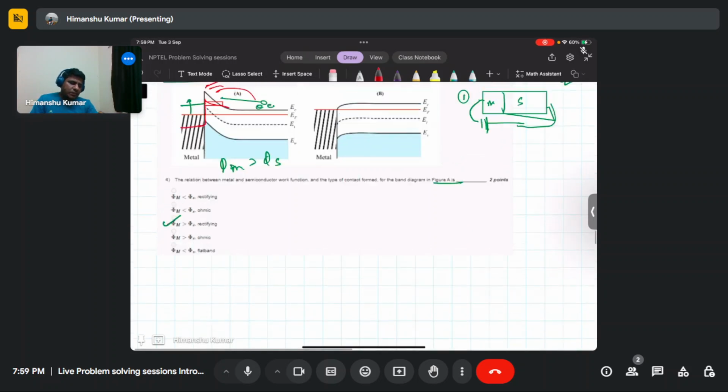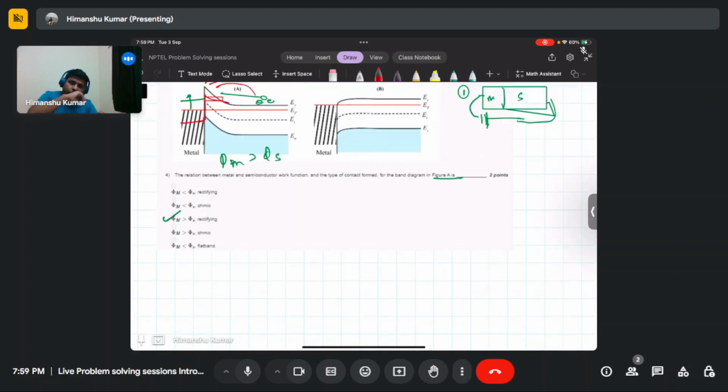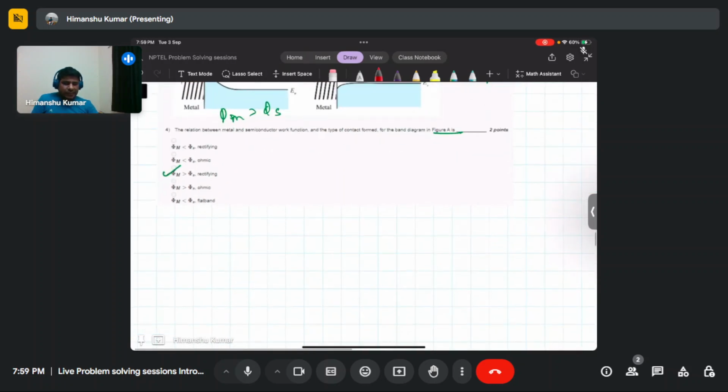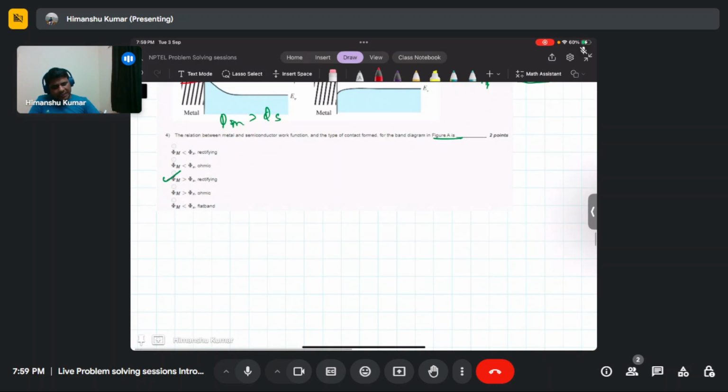This kind of behavior will be like a rectifying or Schottky contact. So the correct answer is phi m is greater than phi s, and this is a rectifying contact.